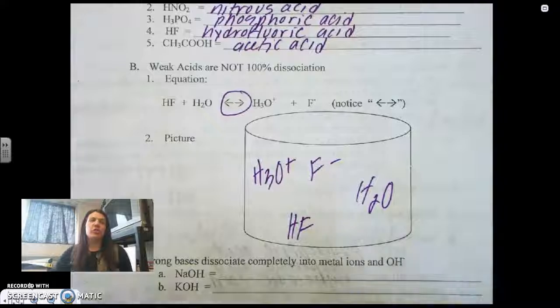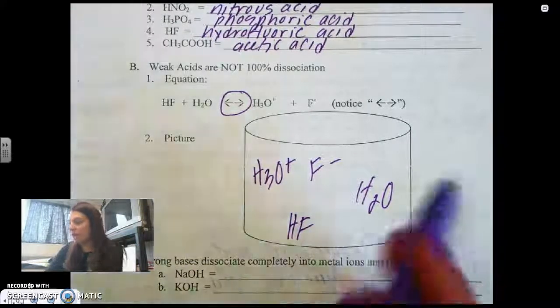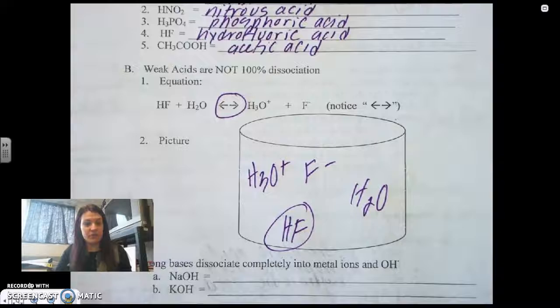So where strong acids 100% dissociate, weak acids only minimally dissociate. That means this hydrogen hasn't been donated, so the pH is going to be a lot closer to 7 than it would be for a strong acid.